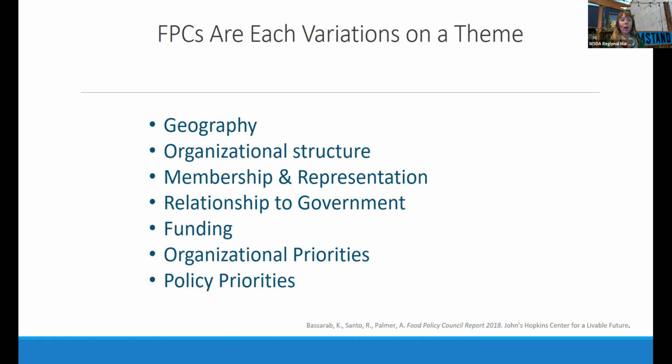One thing they share in common is that they often really strive for broad membership representation. And that can be defined in different ways, but usually it has some element of trying to have some representation across the different sectors of the food system. They can also vary in their relationship to government, and sometimes that has implications for the type of activities they engage with.